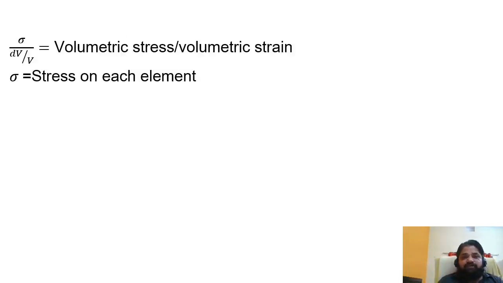There are two kinds of stresses that develop, and they are also named in this way. One creates the volumetric strain, which is the direct stress, and the other one is deviatoric stress. This deviatoric stress basically talks about the distortion occurring in the structure.